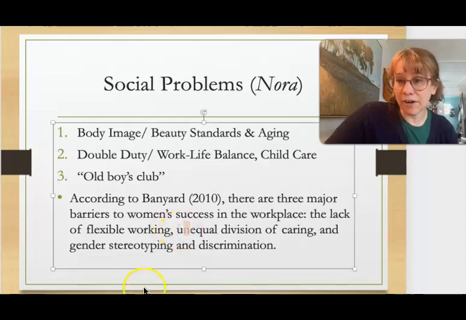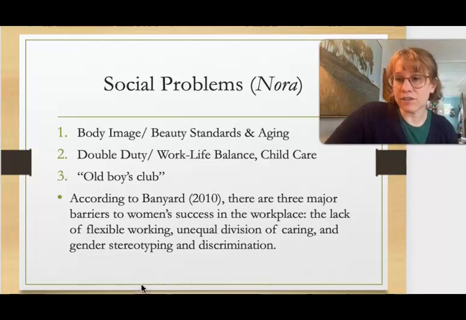Unequal division of caring. So the fact that childcare is not divided equally between men and women. And women are overburdened with that still, even though they are working outside the home, they still have the extra burden of childcare in most situations, or in a lot of cases. Gender stereotyping.